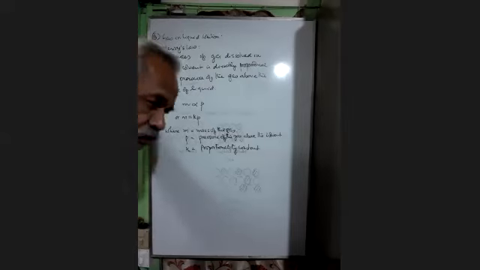Now, as I told you, the concentration of any solute can be expressed in two ways. Either we can express it by mass of the solute, or we can express it in terms of mole fraction. So Henry's law was modified by John Dalton.